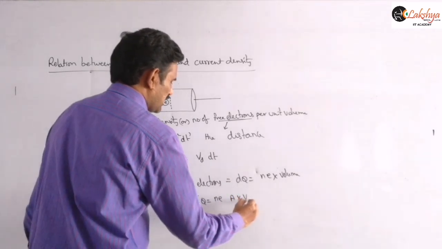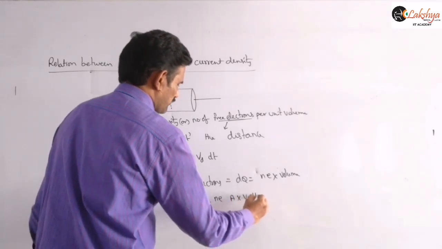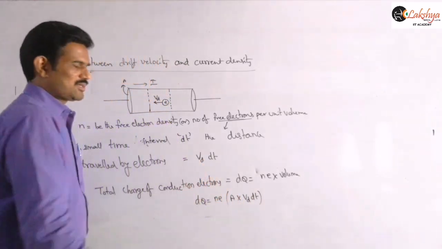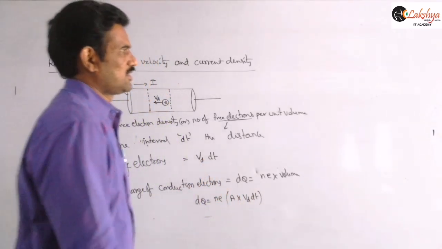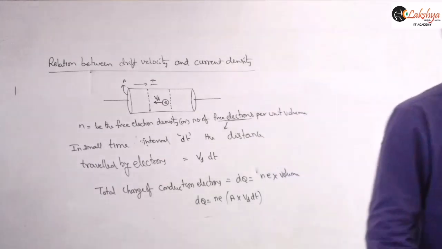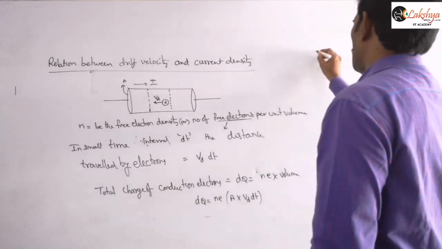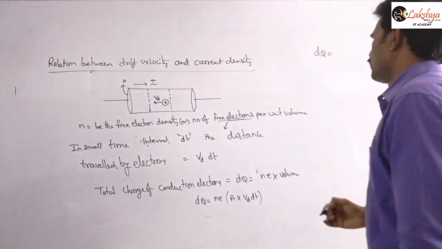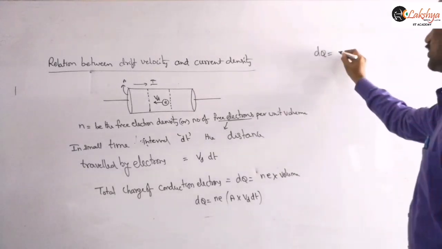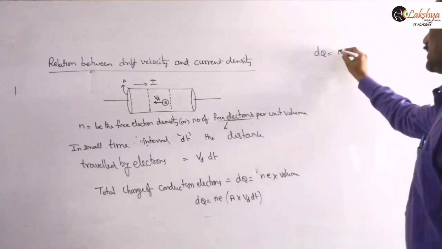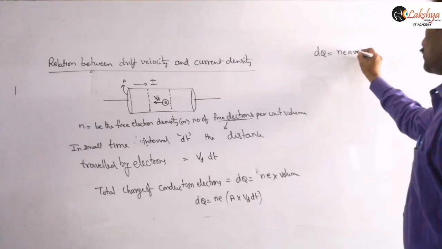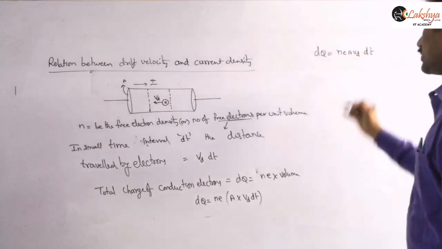The distance I can write as Vd into dt, because we are taking a small time interval there. So finally, the charge contained in that small volume we can write as dq is equal to n into e into A into Vd into dt, right?